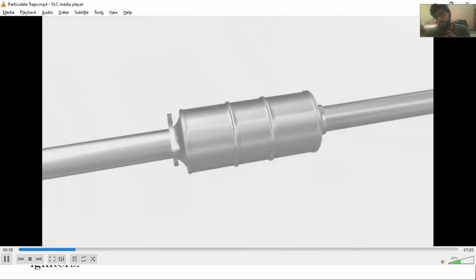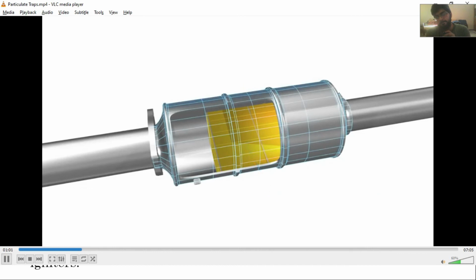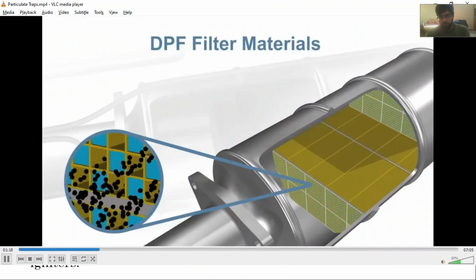The design of the DPF consists of a honeycomb filter monolith and is encased in a metal shell, just like a catalytic converter. Connected to it is a differential pressure sensor with pipes coming out of the inlet and the outlet of the DPF. We'll cover this shortly. Diesel particulate filter materials come in many variants.